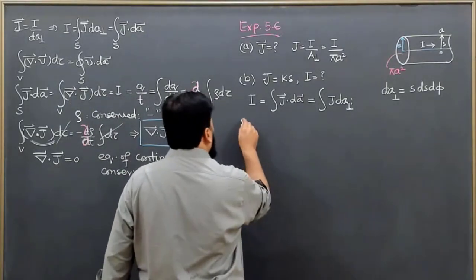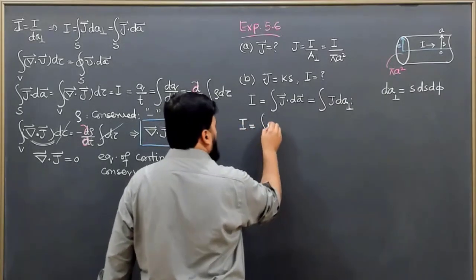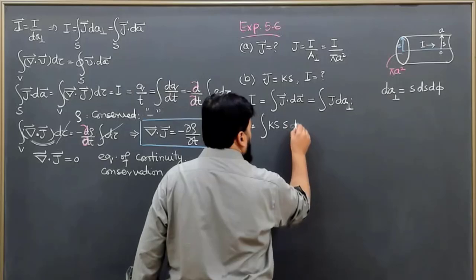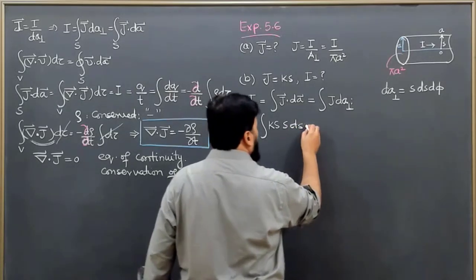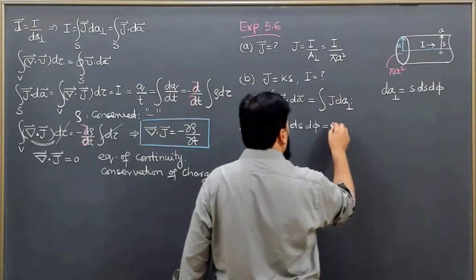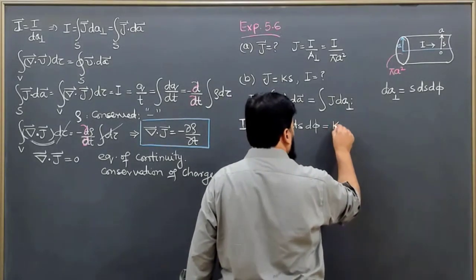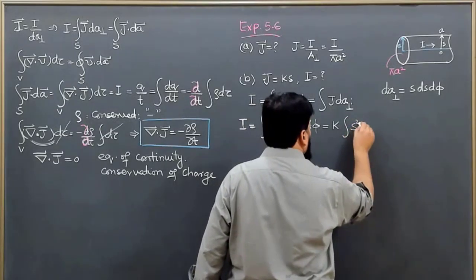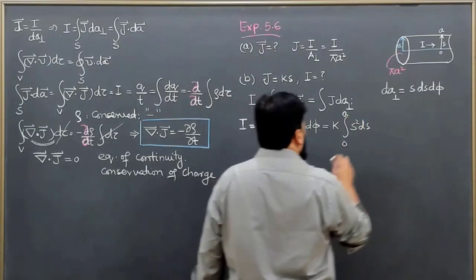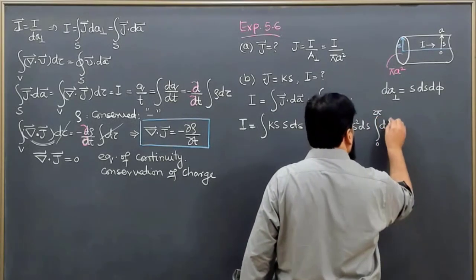So we will have I equal to the integral of Ks times s ds d phi. K will come out, and then s squared ds such that s is running from 0 to a, and the integral from 0 to 2 pi of d phi.